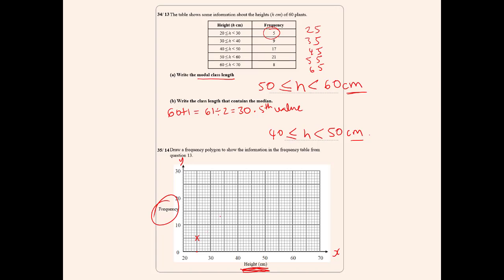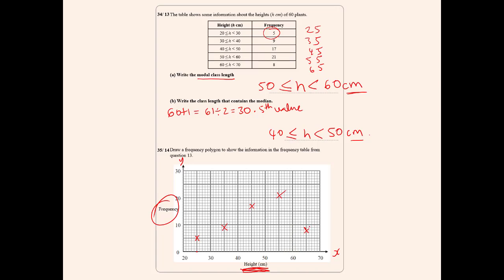Try to use a pencil and a ruler. 35 is 9, so 35 is 9 here. 45 is 17, that's 15, 16, 17 here. 55 is 21, so 55 here, that's 20 and 1 up, 21. And the final one is 65 is 8, so 65 is here and 8 just below 10 here.